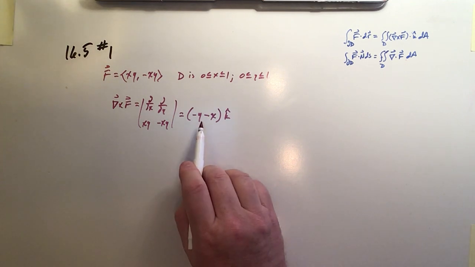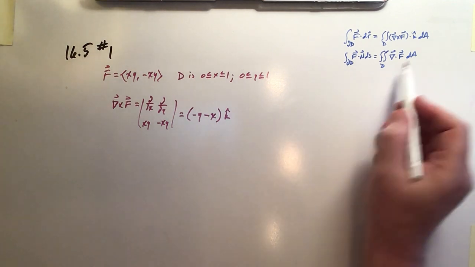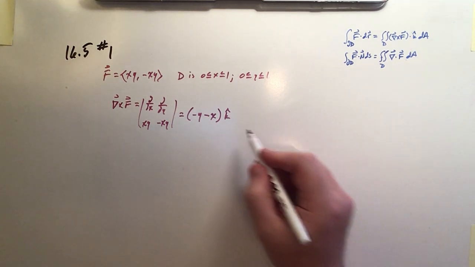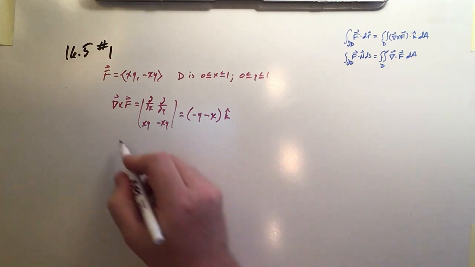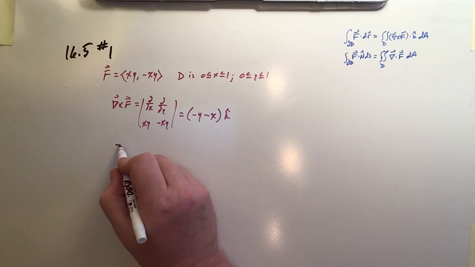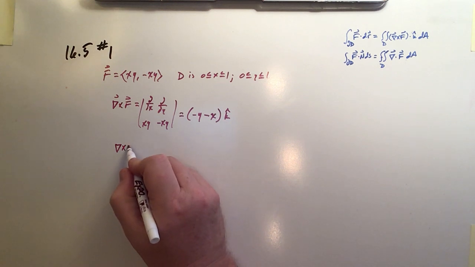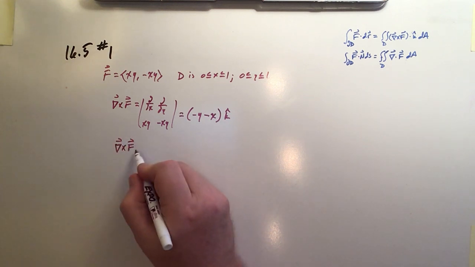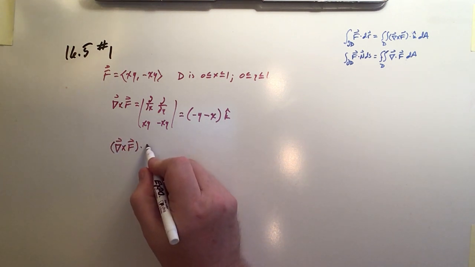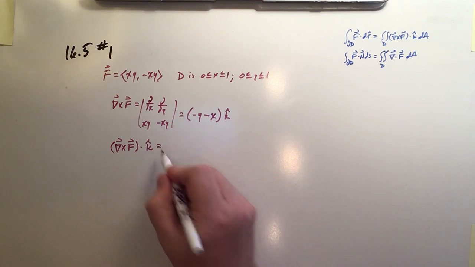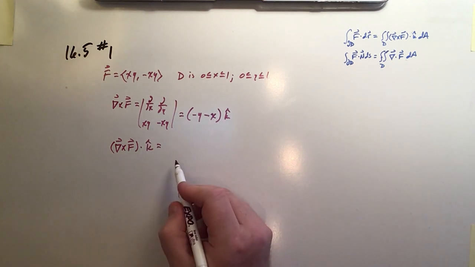And now what I want to do is take that curl and dot it with the k hat direction. And of course, I can do that basically del cross f, which we've just found, dotted with the k hat vector, is going to be this in the k hat direction.